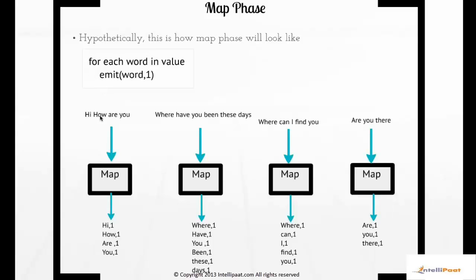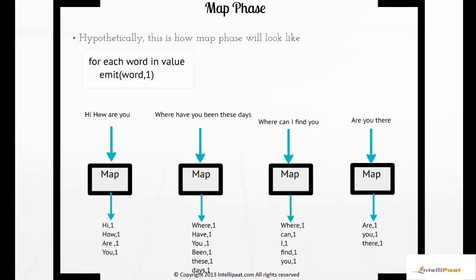So you have, let's say, map 1, which will take, hi, how are you? Map 2 would take, where have you been these days? Map 3 would take, where can I find you? And map 4 will take, are you there? What happens is each map will give its own output. Each map will focus on its business and give you the output.